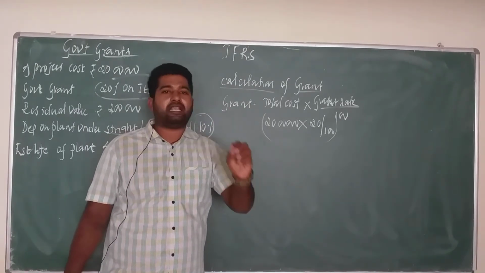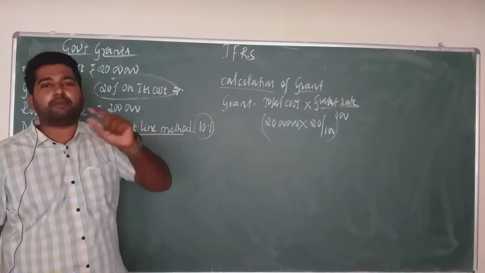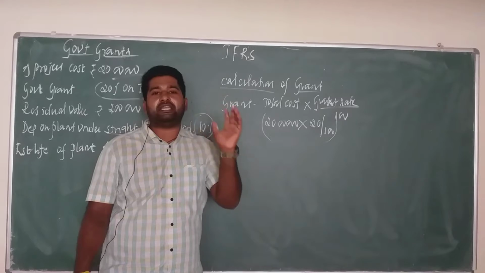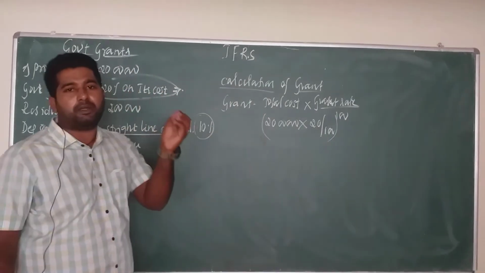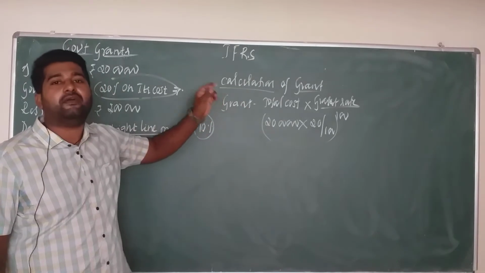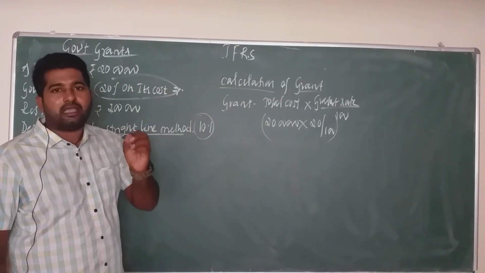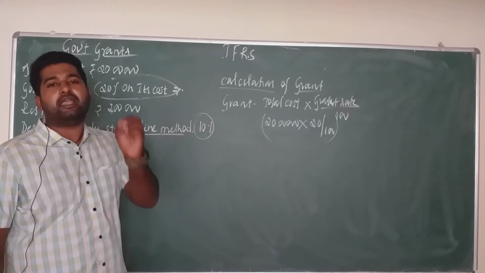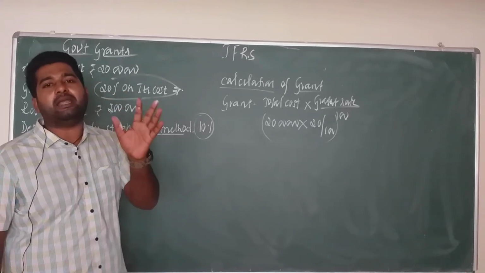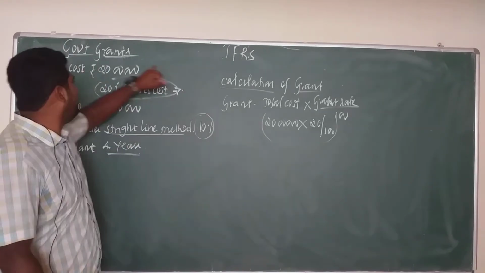They have to generate employment for local people, in a locality where they are suffering from an unemployment problem. In that case, before releasing the grant, the government has a condition: if you provide employment opportunity to the public or unemployed people, we are going to release either 10% or 20% on your cost.